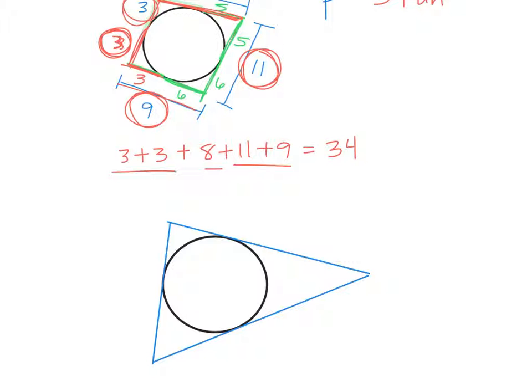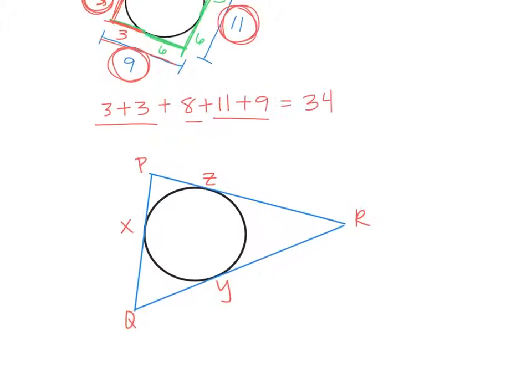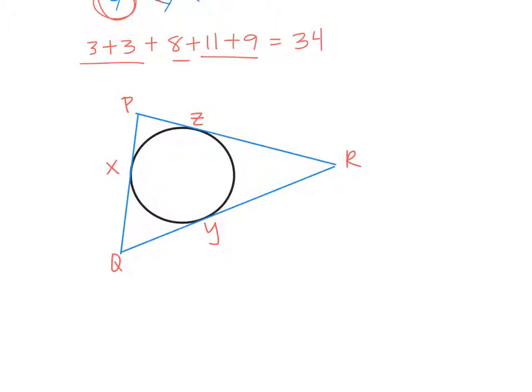Okay, so this is triangle PQR, with points Z, Y, and X, okay, is the triangle that we're looking at here. If I tell you that the perimeter of that triangle is 88 centimeters, and say find QY.